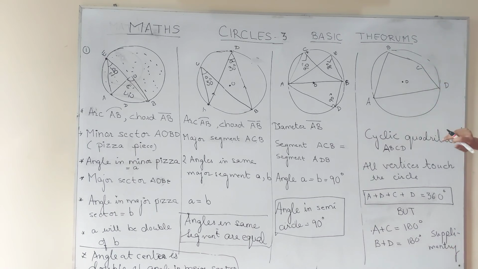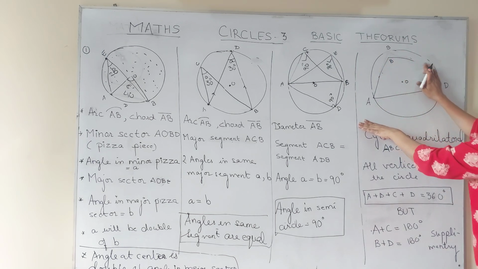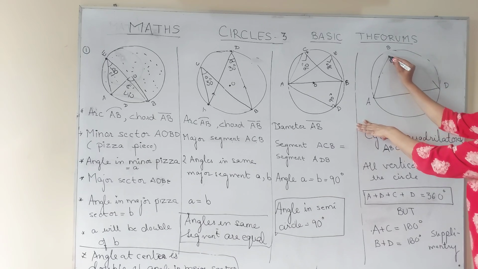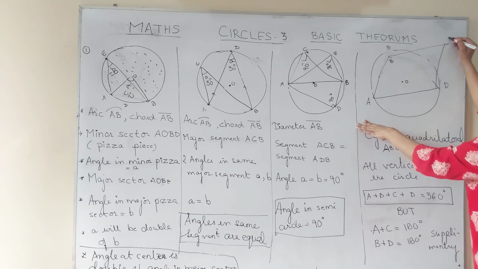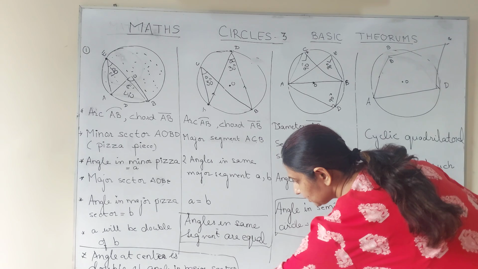Why? Because this vertex C is not on the circle. Or this is not allowed, because A and D are on the circle, but B and C are inside the circle. Or this is not allowed, because now this vertex has gone out of the circle. My God, what have I done to the diagram?